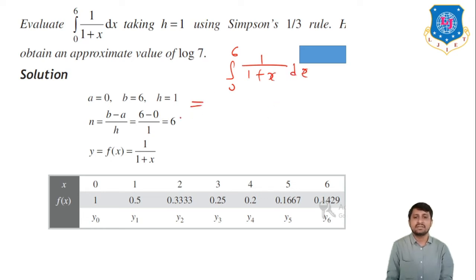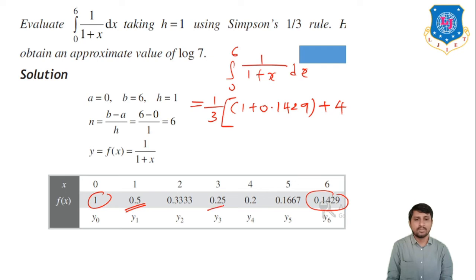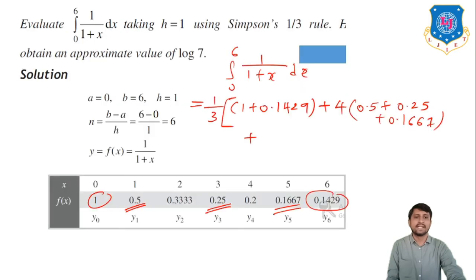H is 1, so 1 by 3. y0 plus yn, so 1 plus 0.1429, plus 4 into all odd entries, so 0.5, 0.25 and 0.1667, and plus 2 into all even entries, so these remaining entries.